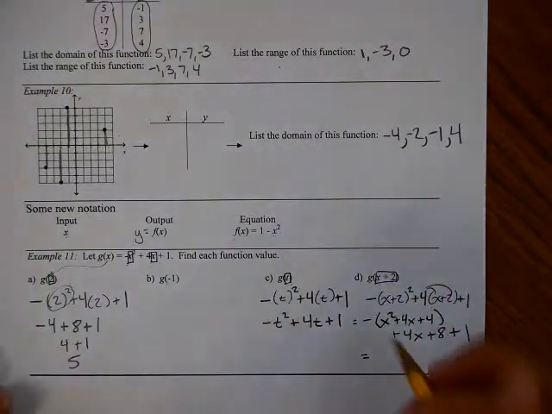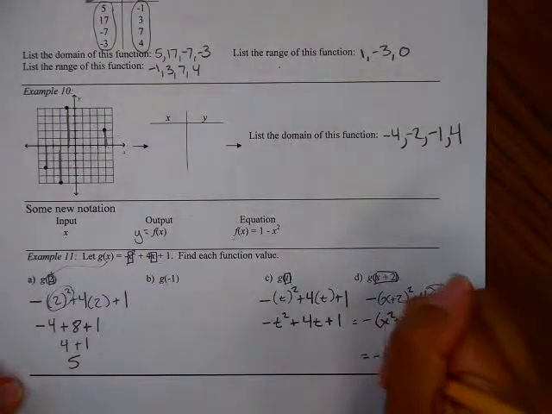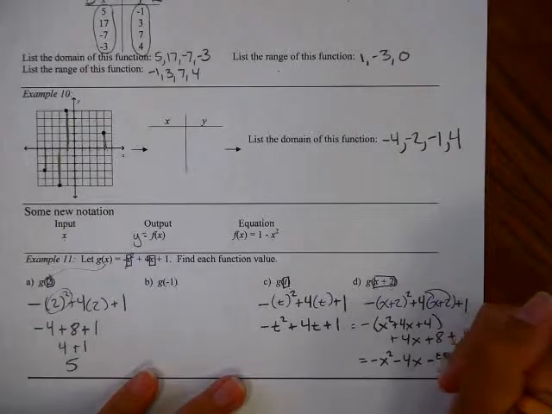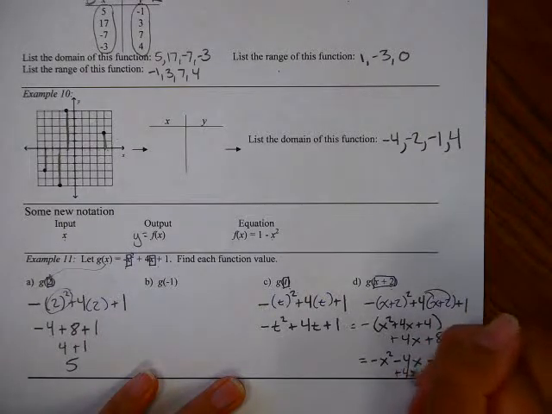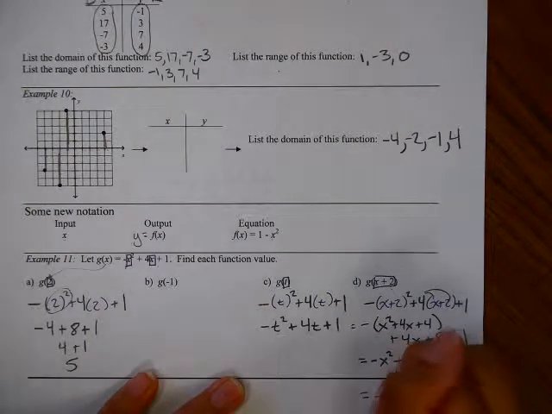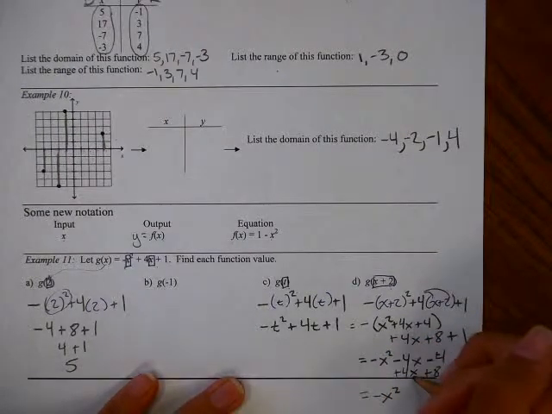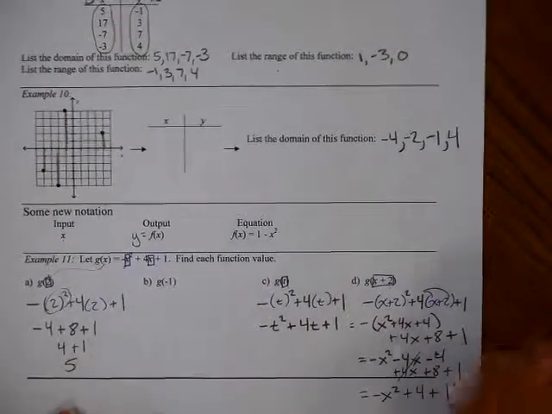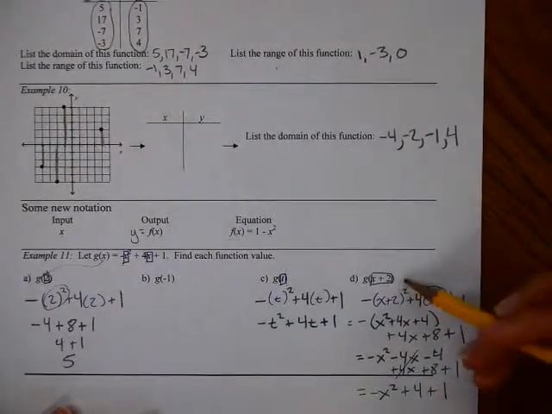And now we need to distribute the negative. And now we have negative 4x plus 4x is 0. 8 minus 4 is 4 plus 1. And that is our answer for this problem.